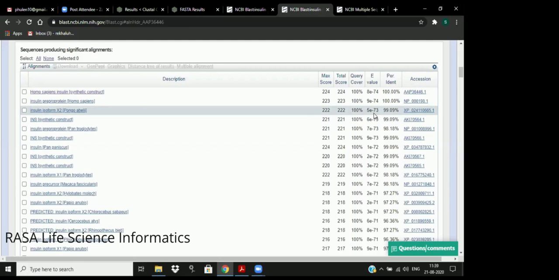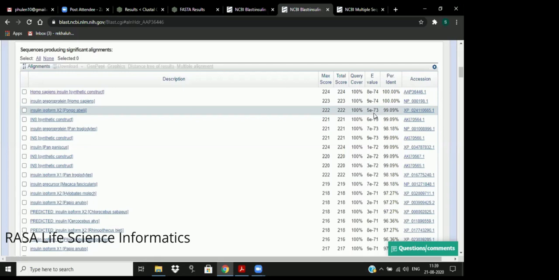So using E value, we try to find out the significance of data. Closer to 0, more significant. Going away from 0 means alignment is there, but there are other hits as well having similar kinds of scores. So E value helps you to find out significant data.